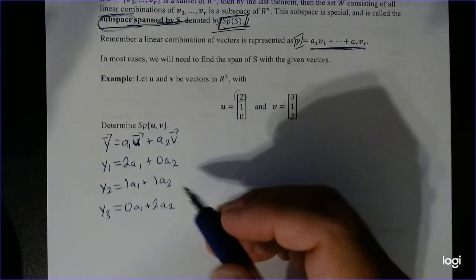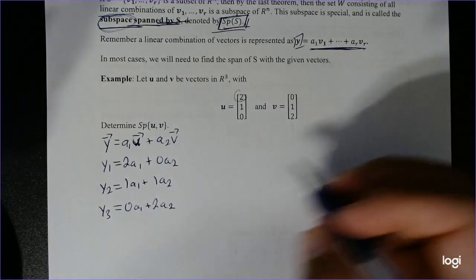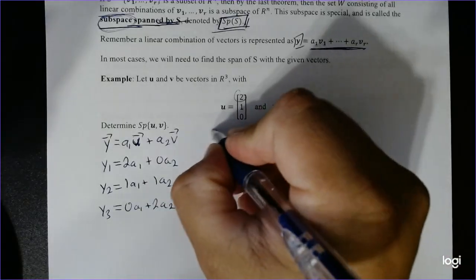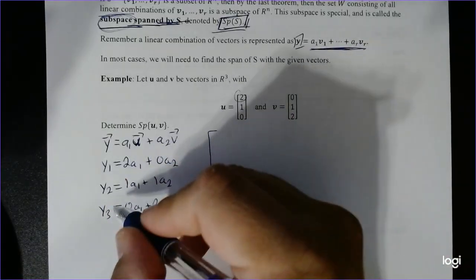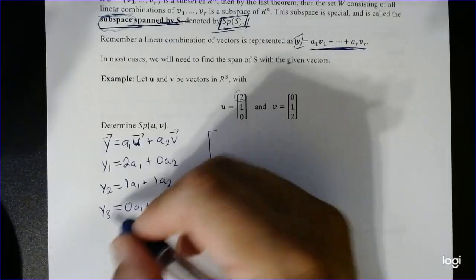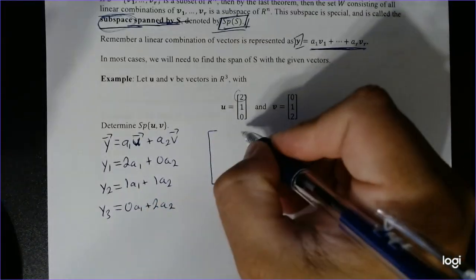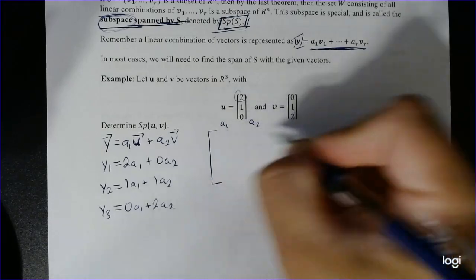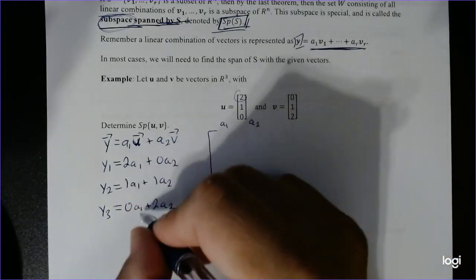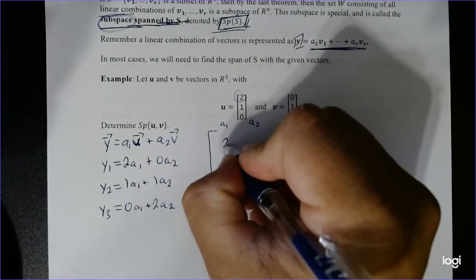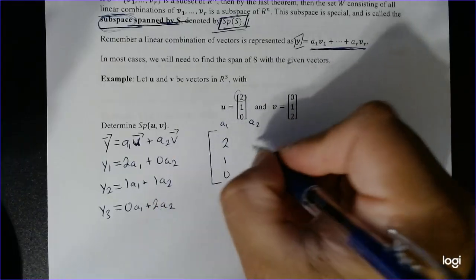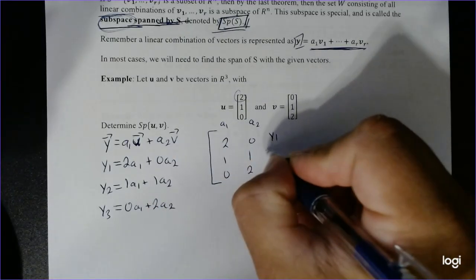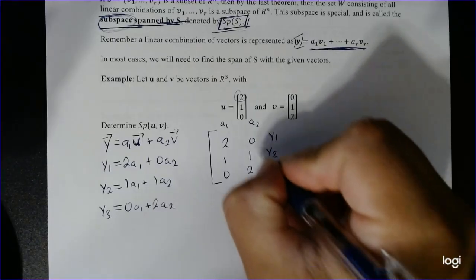Now, because we want to find a linear combination, we have to put it into matrix format. These y1, y2, and y3 are what we're looking for, and our coefficients a1 and a2 will be here instead of x1 and x2. So in this case, we'll have 2, 1, 0, 0, 1, and 2, and we're looking for y1, y2, and y3.